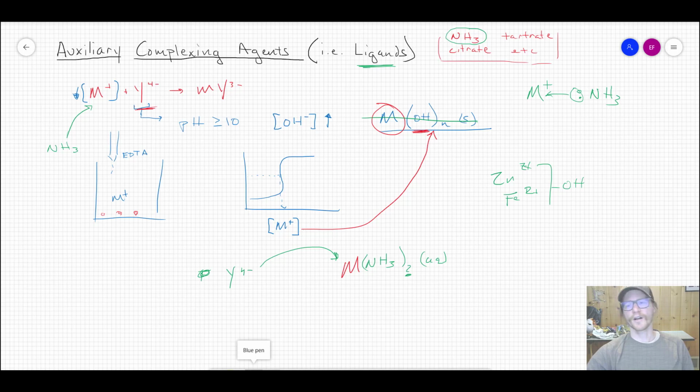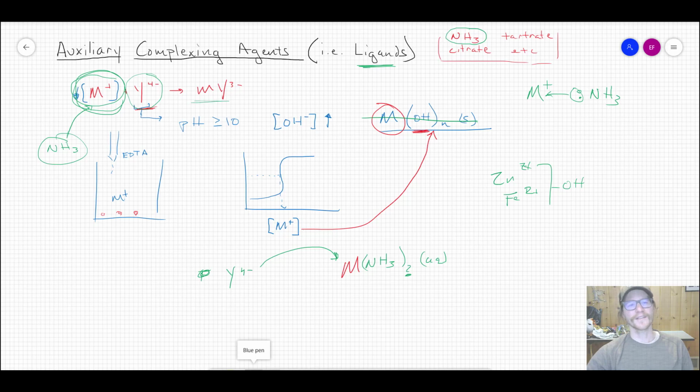But these occur in equilibrium. So because your metal is now going to be bound up by ammonia, we have to account for the fact that only some even smaller fraction of the original metal is going to be in its free state when it's in equilibrium with Y4 minus.